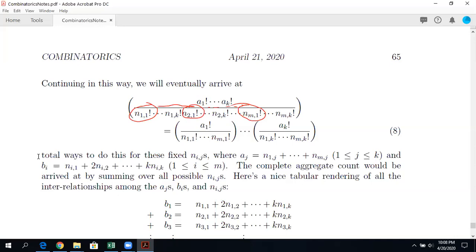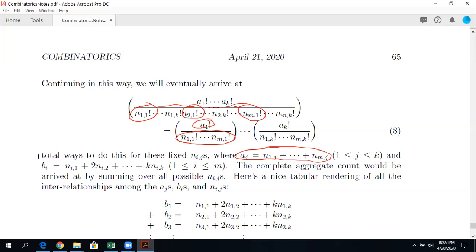Well, those have to account for all the 1 cycles. The second number is talking about which cycles I'm choosing from, okay? So those have to account for all of the A's, right? Those N1 whatevers, those have to total up to A1, okay? Which is what I'm saying right here.